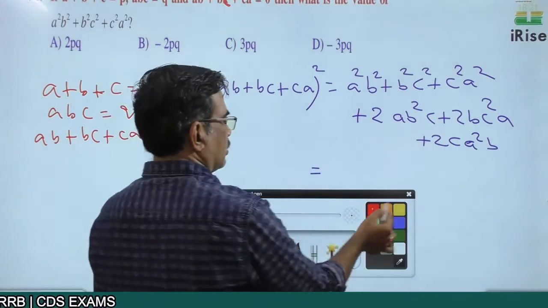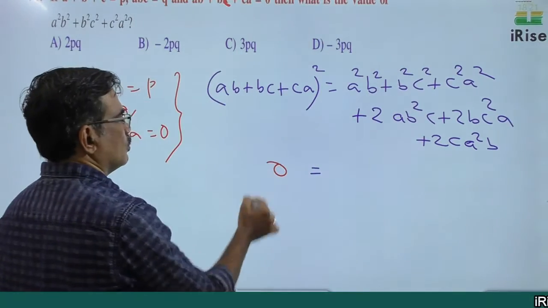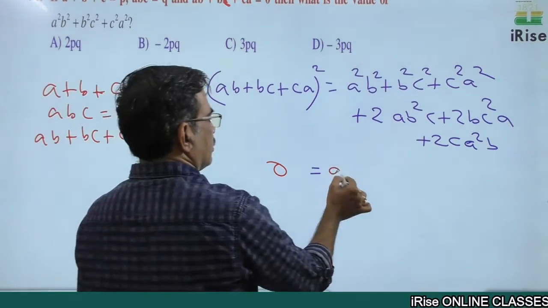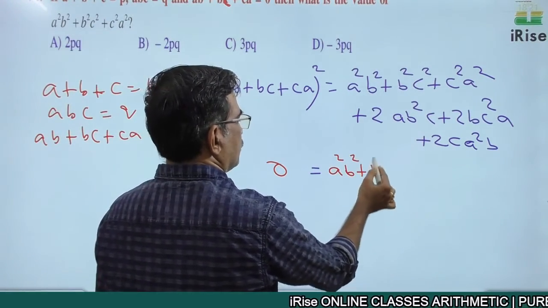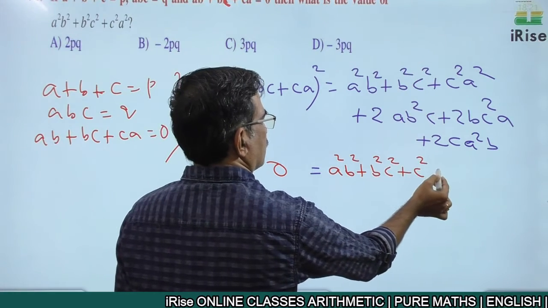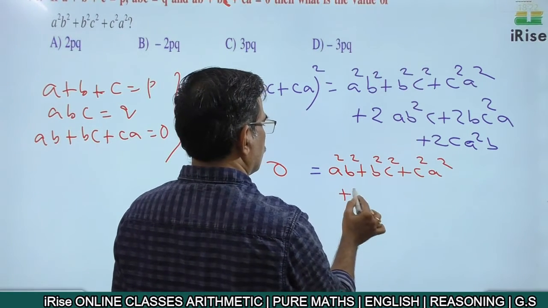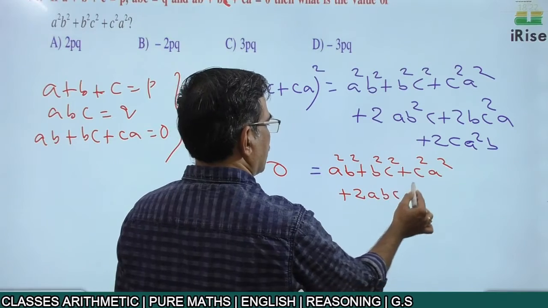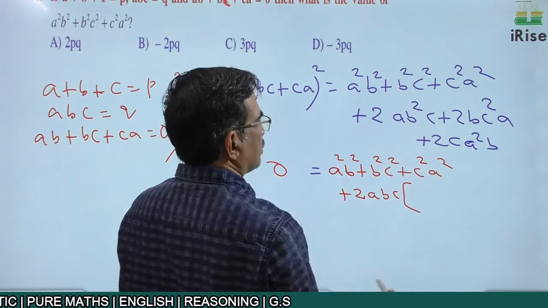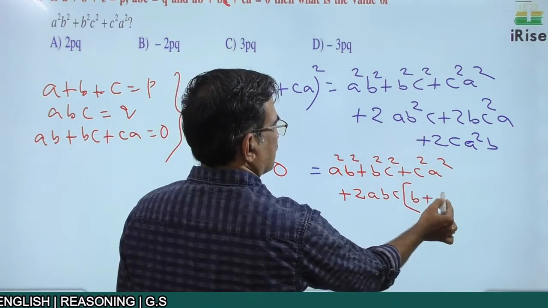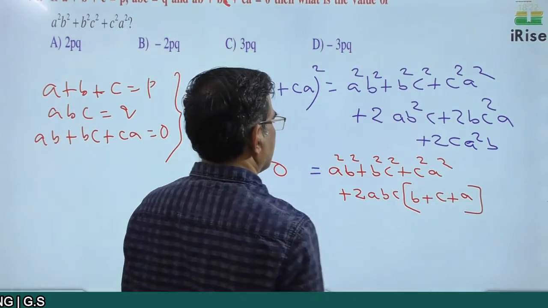So the left side 0 is equal to a square b square plus b square c square plus c square a square plus 2abc common. Take 2abc common, you get b plus c plus a.